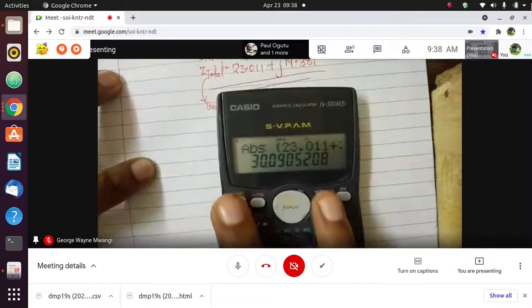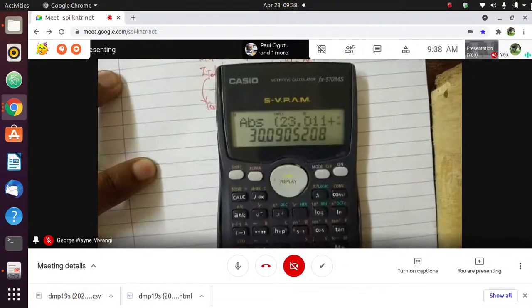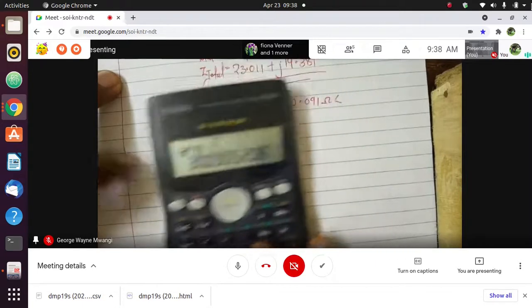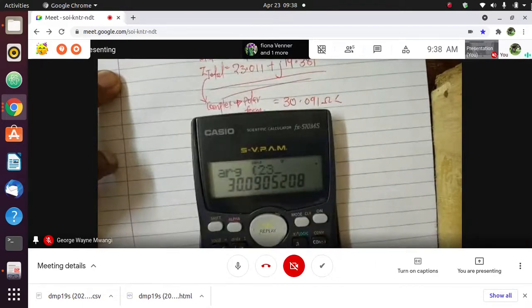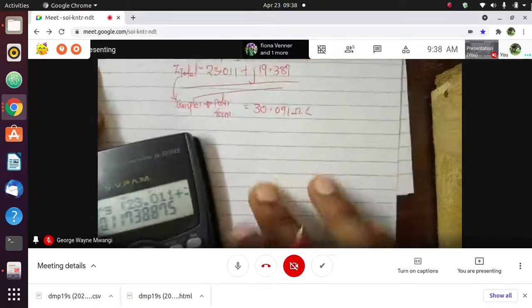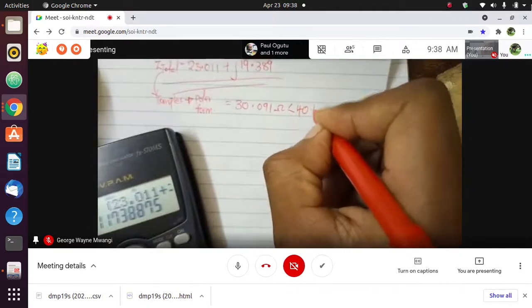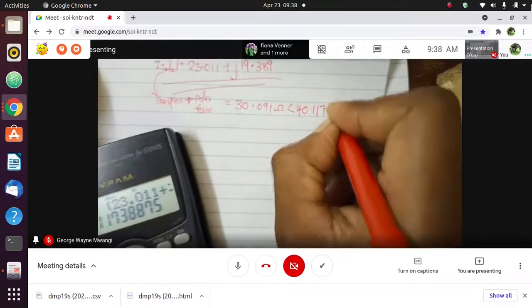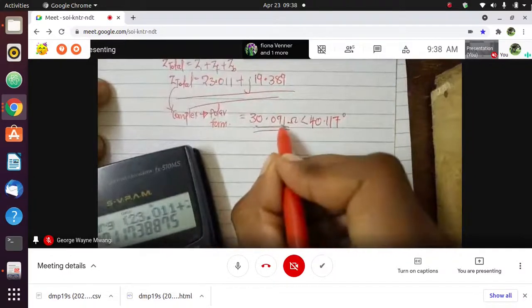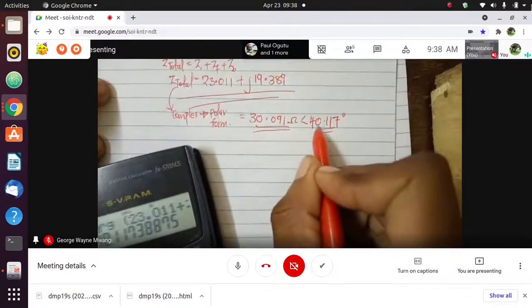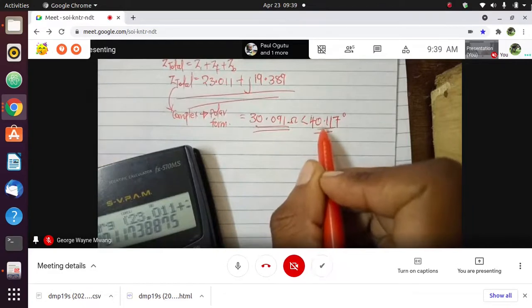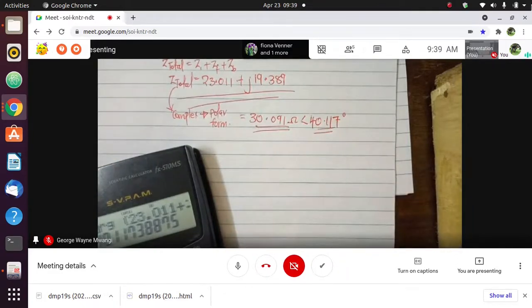Press shift and then argument. We put the same value, 23.011 plus 19.389 I, to give you the value of the angle. So the total impedance, the total resistance in our circuit, is 30.091 ohms, occurring at an angle of 40.117. Up to there, are we okay?